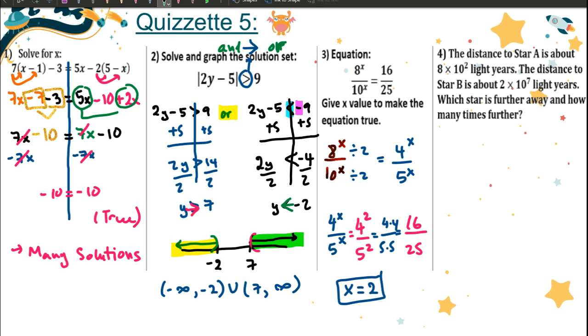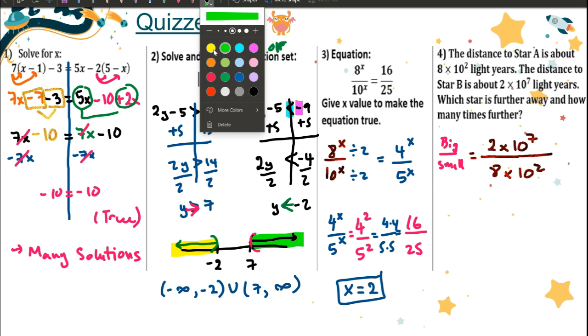As I showed you, when we compare how large something is, you put the big number over the small number, because we're comparing to see how much bigger something is than something else. So the bigger number is going to be on top. The bigger number is 2 times 10 to the 7, which is bigger than 8 times 10 to the second power.